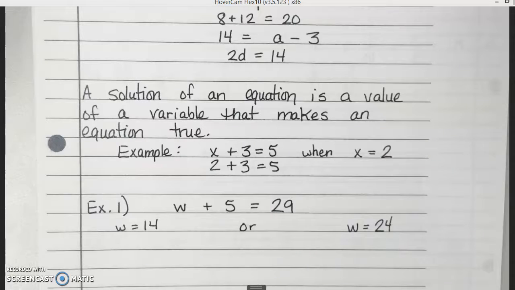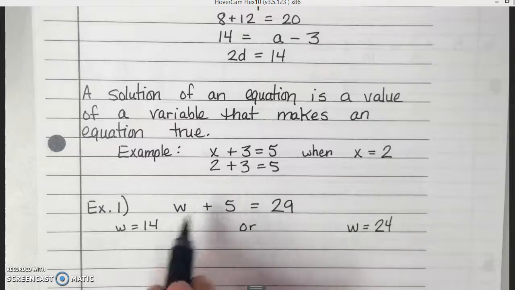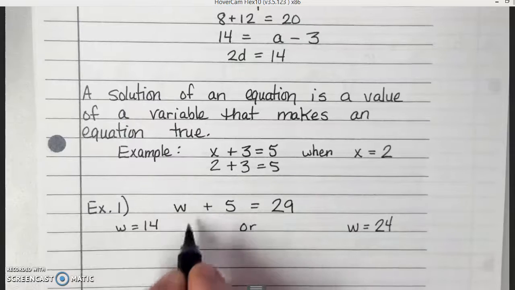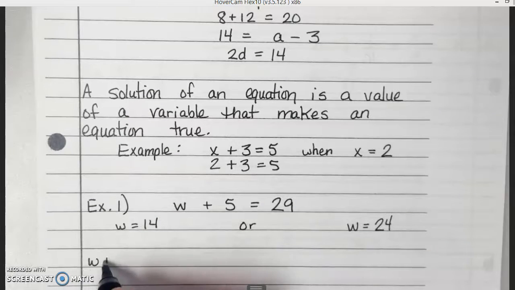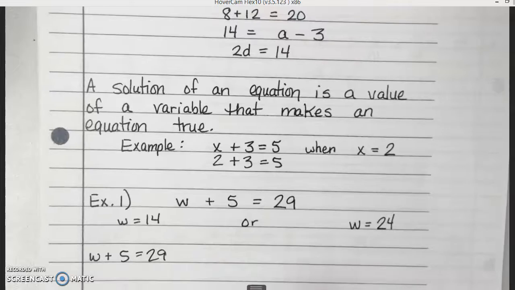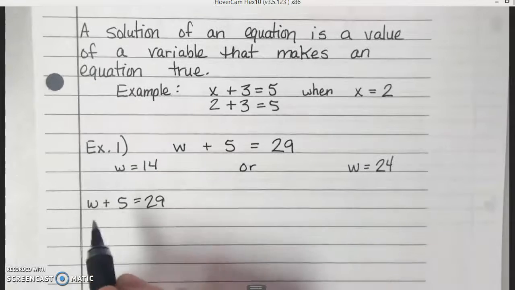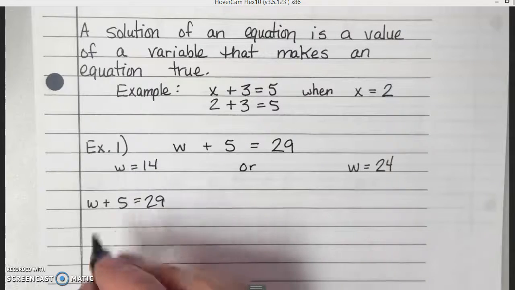Alright, so example 1. We have w plus 5 equals 29, and we need to figure out if 14 is the solution or if 24 is the solution. What we're going to do is rewrite w plus 5 equals 29, but then replace the w with 14.